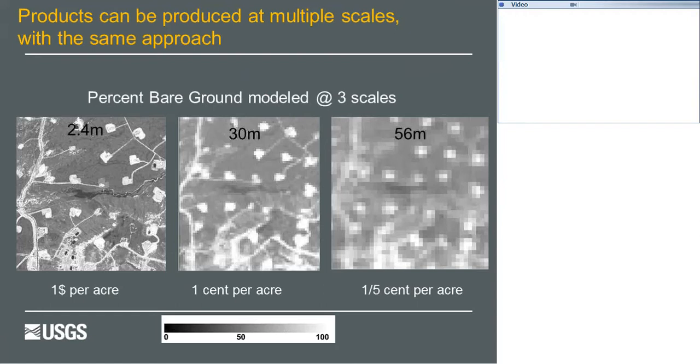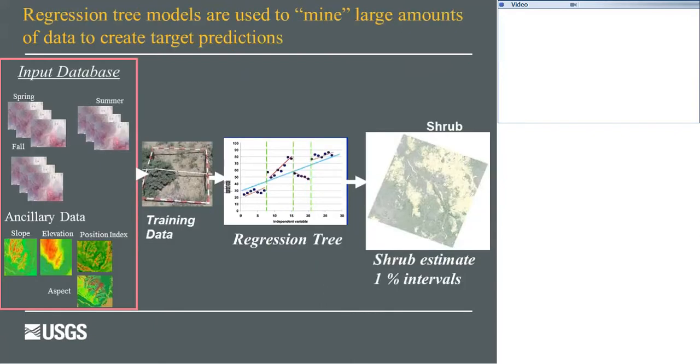This is a bare ground estimate. Do that at 30 meter, this is our wall-to-wall satellite here. We can even do it on a coarser scale. This was also looking at some of the different costs involved, but that's how to think about this.